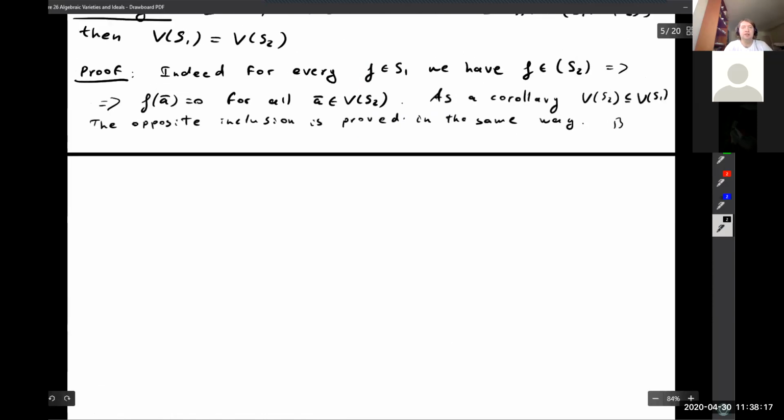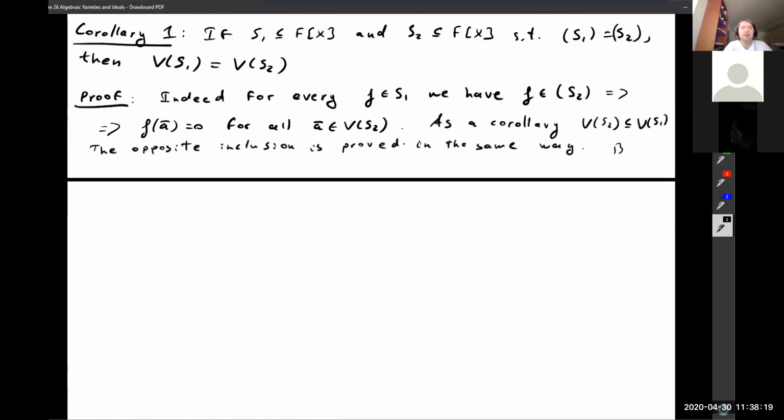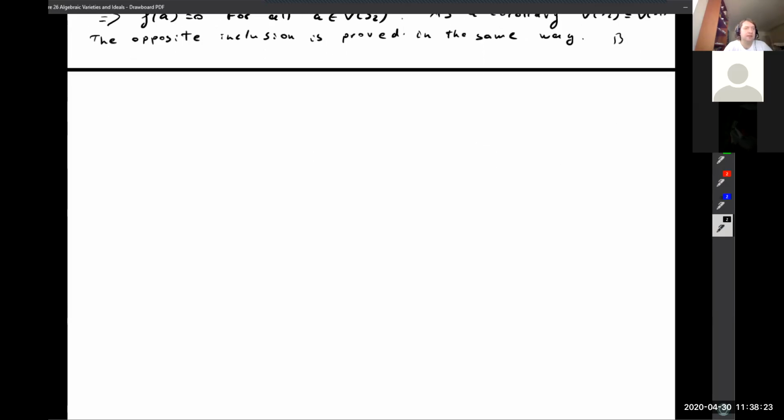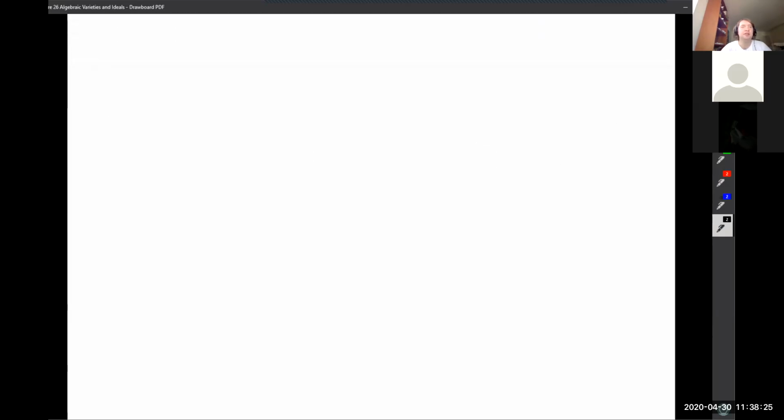So different subsets can define one and the same algebraic variety. And in fact, you're all familiar with that, right? Suppose you're looking for the set of common zeros of two polynomials, 3x squared minus y plus z, and x squared plus y.